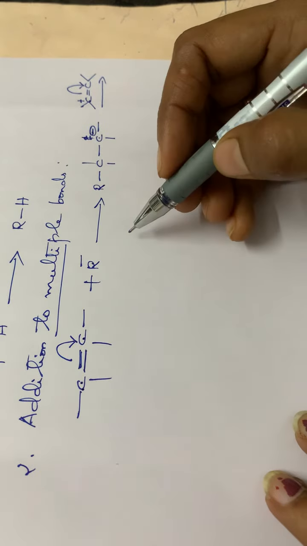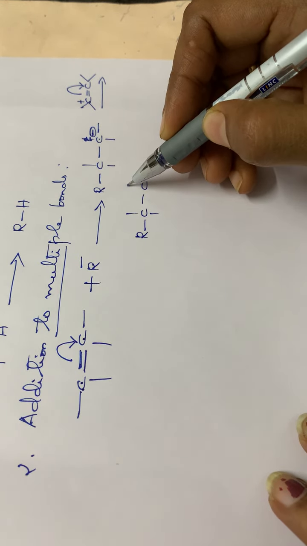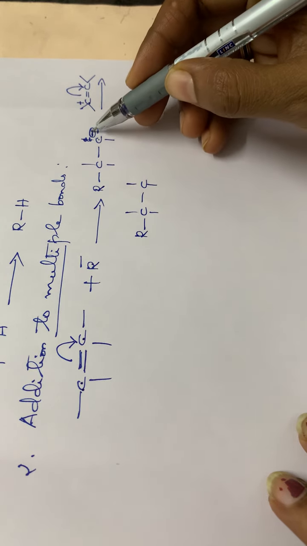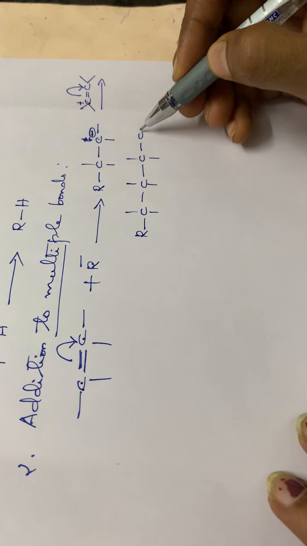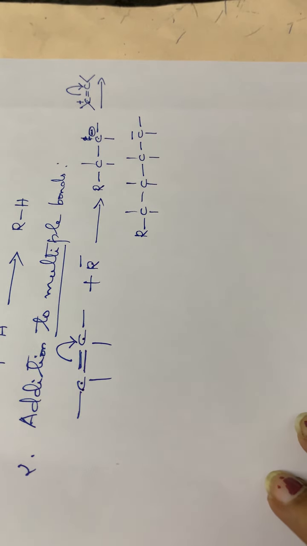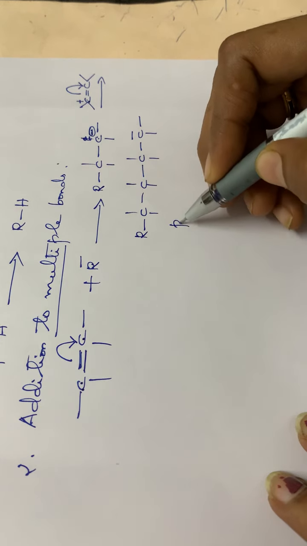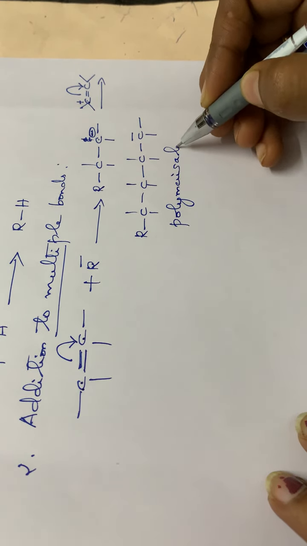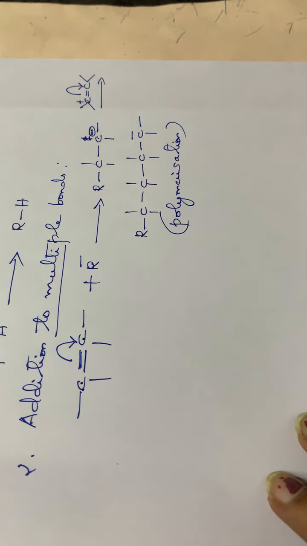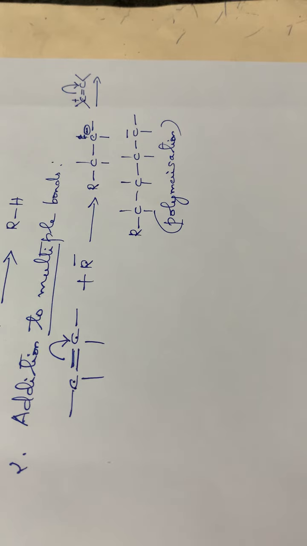So further the reaction becomes RC, single bond C, again this C and this C got joined, then again this becomes C minus. So this will be in the form of a polymerized form, isn't it? Here a polymerization reaction takes place, that means it will go on continuously. So that is the reaction, addition to multiple bonds.